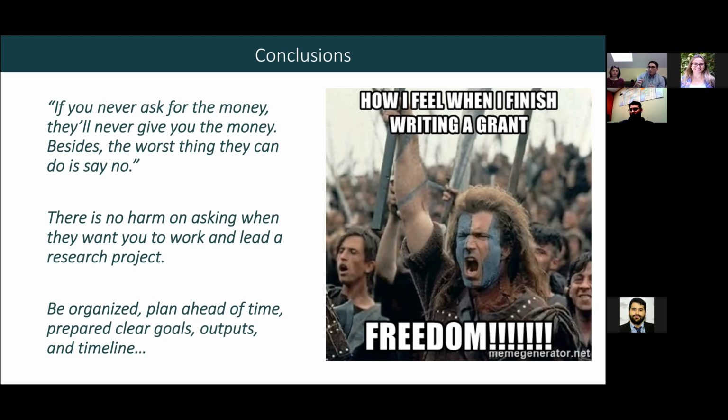Most likely it will impact not only the funding you currently have with that sponsor, but also the possibility of getting funding from that sponsor and potentially from other sponsors. So there is always a repercussion for not meeting the goals of the proposal.